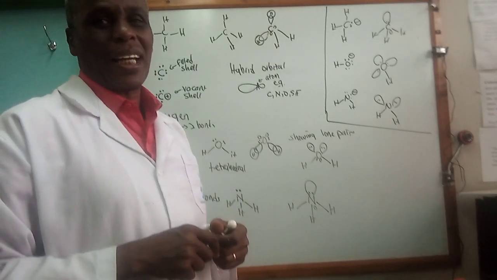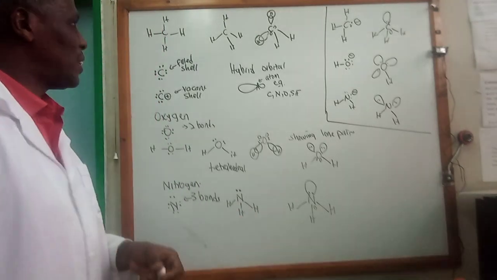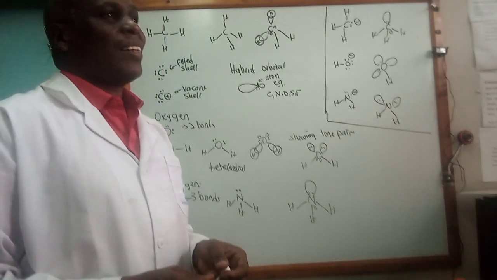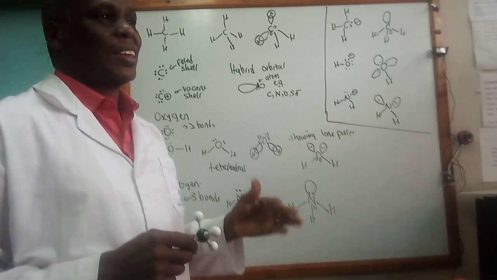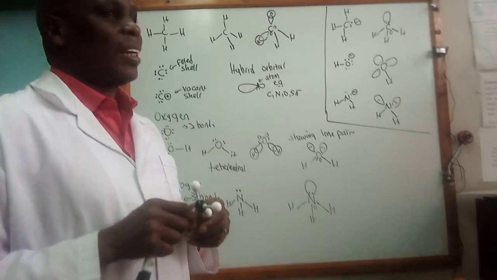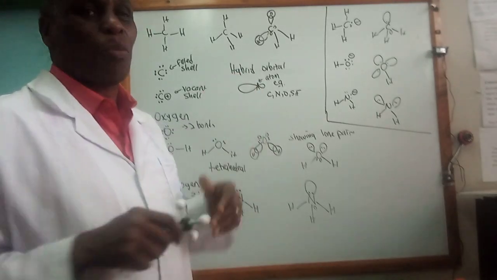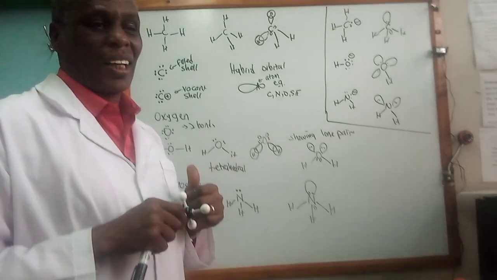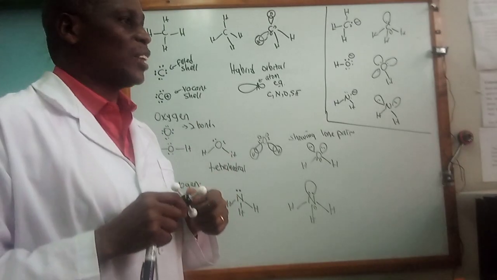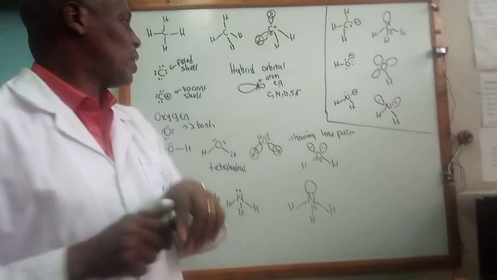Carbon has 4 sp3 orbitals if it is saturated. If it has one double bond, it has 3 sp2, and if it has 2 pi bonds, then it has 2 sp orbitals, one bonding with another carbon.